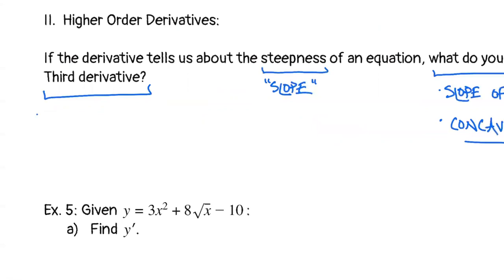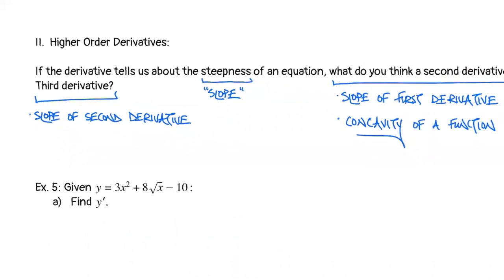Exactly, yeah, that slope of the second derivative. And we don't necessarily have a fancy word to put here for right now. So we'll just say it's the slope of the second derivative, okay?